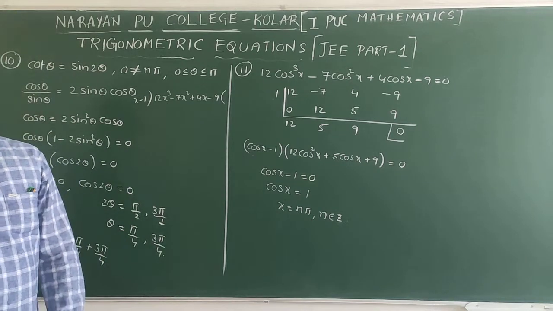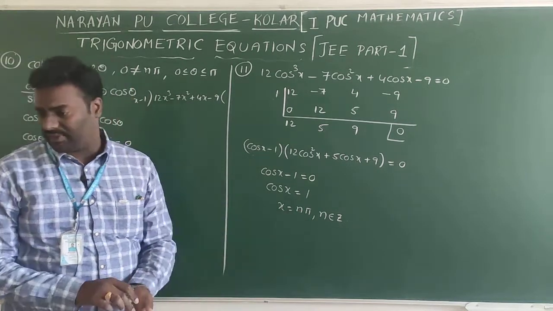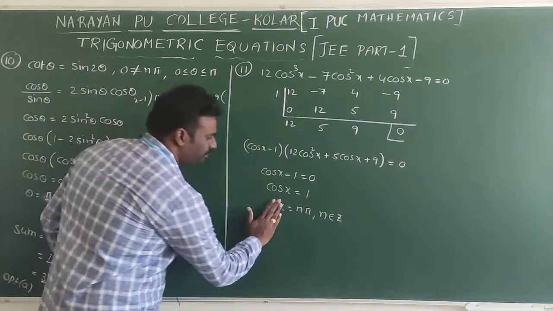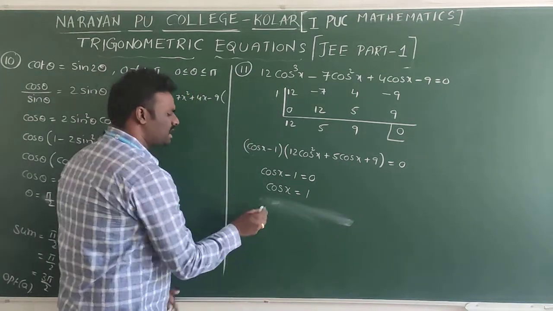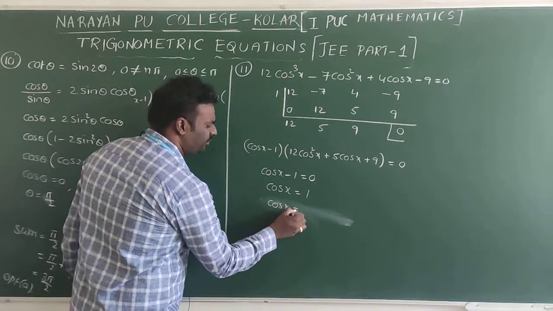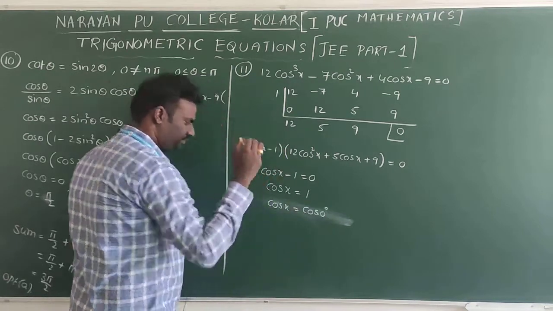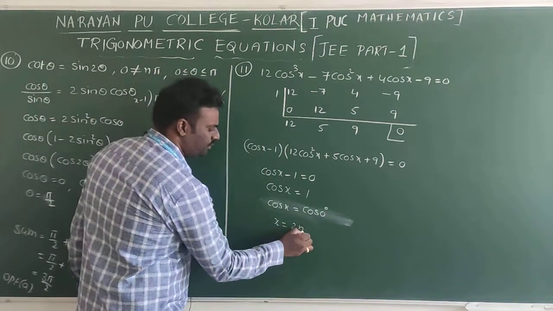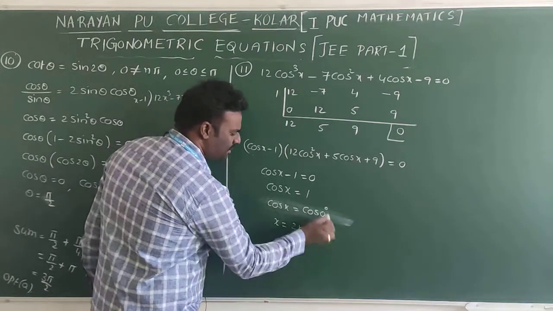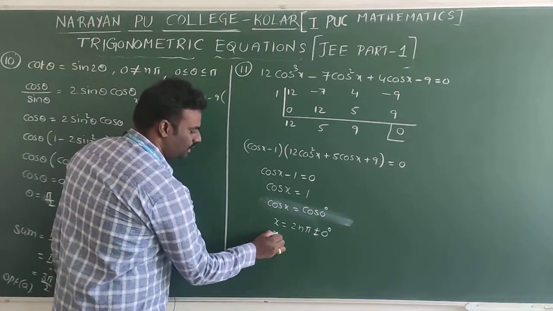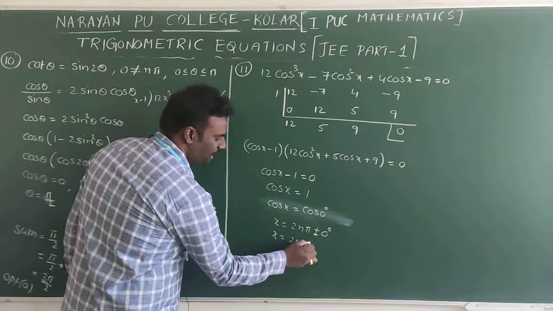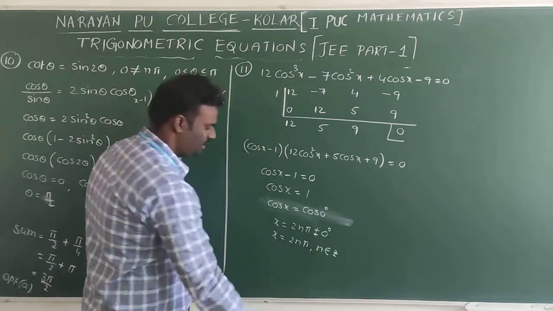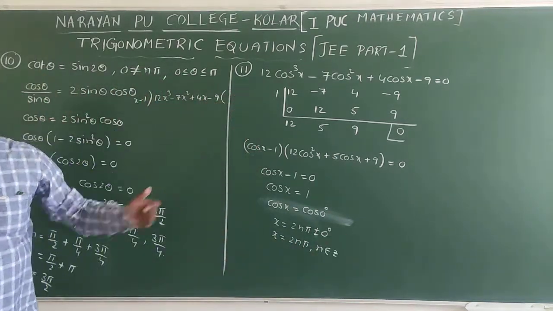Okay, or otherwise I will write a general solution, cos x is equal to cos 0. So what is the solution? x equals to 2n pi plus or minus 0, and x equals to 2n pi where n belongs to Z. But here there is no restriction given.